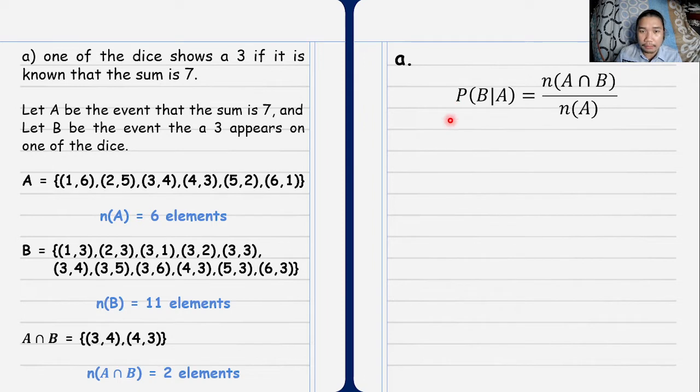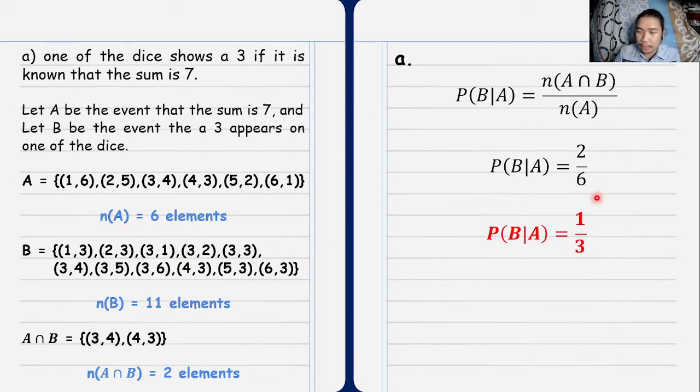So meaning, yung B natin is yung event that 3 appears on one of the dice, since ito yung kailangan hanapin, and then yung given lang natin is yung the sum is 7. So nirepresent natin siya as event A. So ayan, since kailangan natin hanapin si probability of B, ito yung gagamitin na formula. And then substitute natin yung value. The number of A intersection B is equal to 2. And then the number of A is equal to 6.